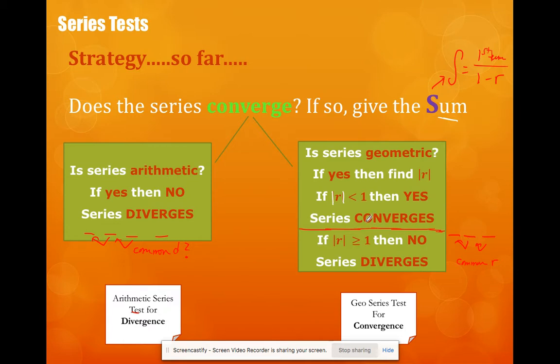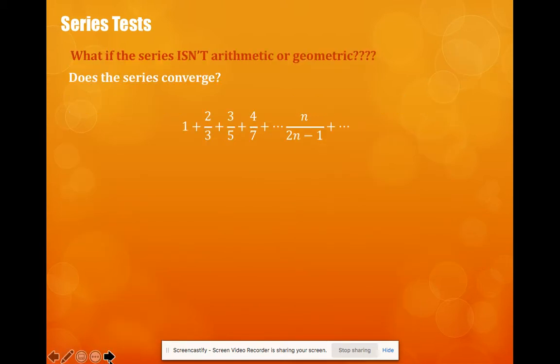For a geometric, the terms go to 0 when the absolute value of r is less than 1, and they get small enough so that your sum will be contained within the house, but not if r is greater than or equal to 1.